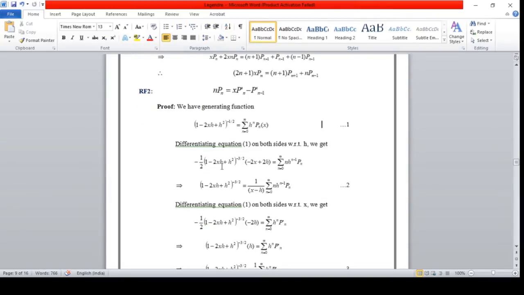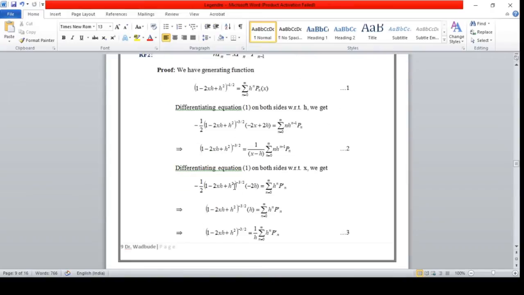Same derivative here: minus 1 by 2, (1 minus 2xh plus h square) raised to minus 3 by 2, into (minus 2x plus 2h) is equal to summation n h raised to the power n minus 1 Pn. Now the 2 cancels and we get x minus h in the numerator, and cross multiplication here in the denominator.